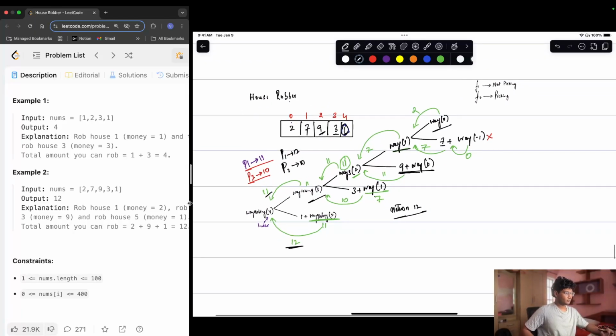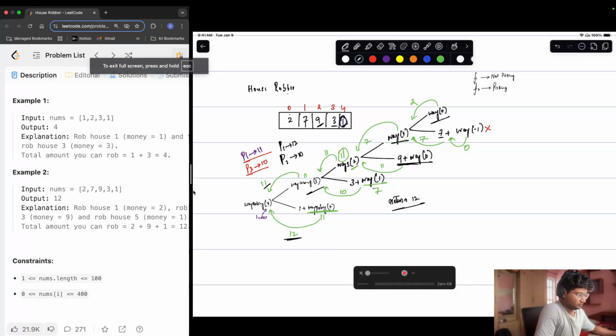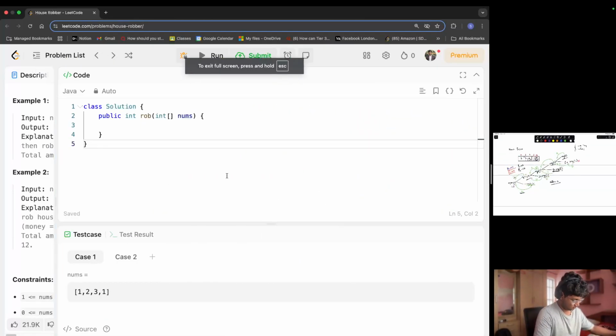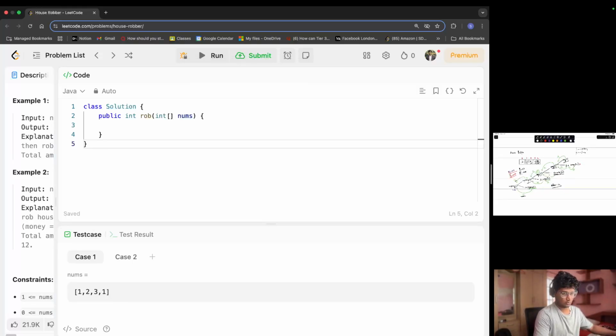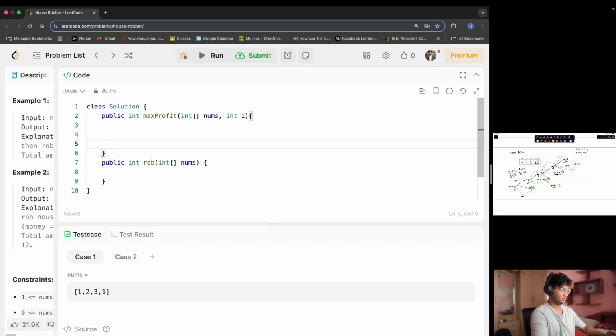Okay, perfect. Now let's code it. Let's call it maximum profit of int nums, int i. That is all I need. Let's come to the base condition later. I told you there are two possibilities, right?